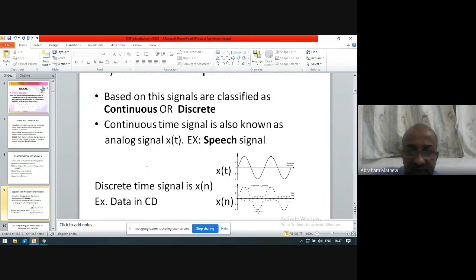This continuous signal can be sampled at regular intervals, which is known as a discrete signal. Discrete signal is represented by x of n.